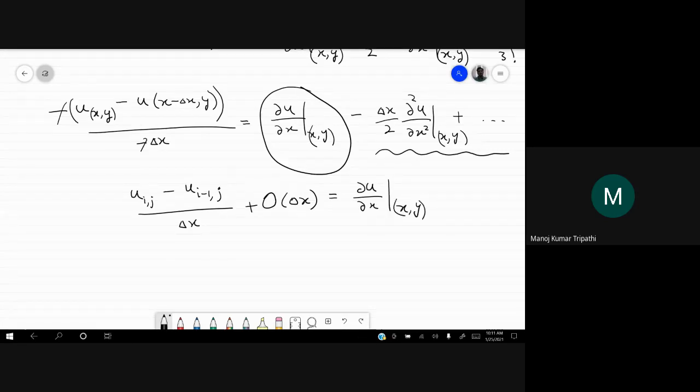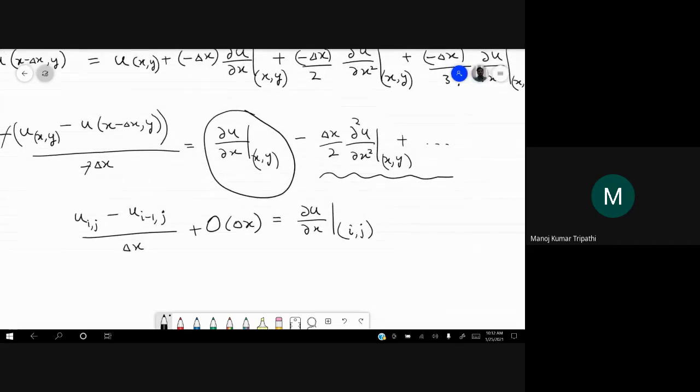At ij you can write if you want to write in terms of indices. So this is the backward difference formula, u ij minus u i minus 1 j. And you can see the order of error is same as that for the forward difference formula.